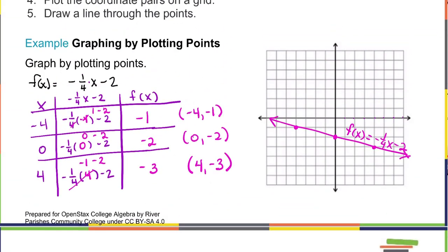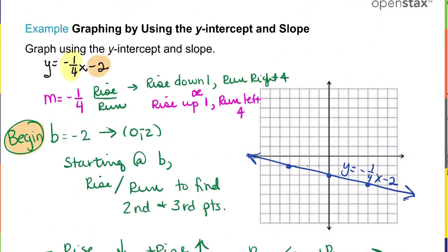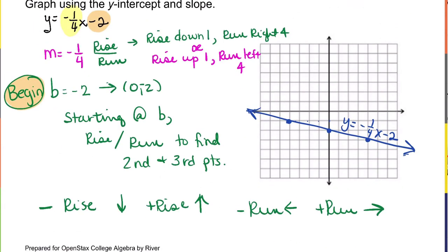It's just that this way we found actual points. Here we're finding points as well, but we're not evaluating the function. We're just locating the b, and then from there using the slope rise over run to find your other points. So again, if you apply the negative to the numerator, that's a negative rise, so you would go down 1 and then run right 4 for positive 4.